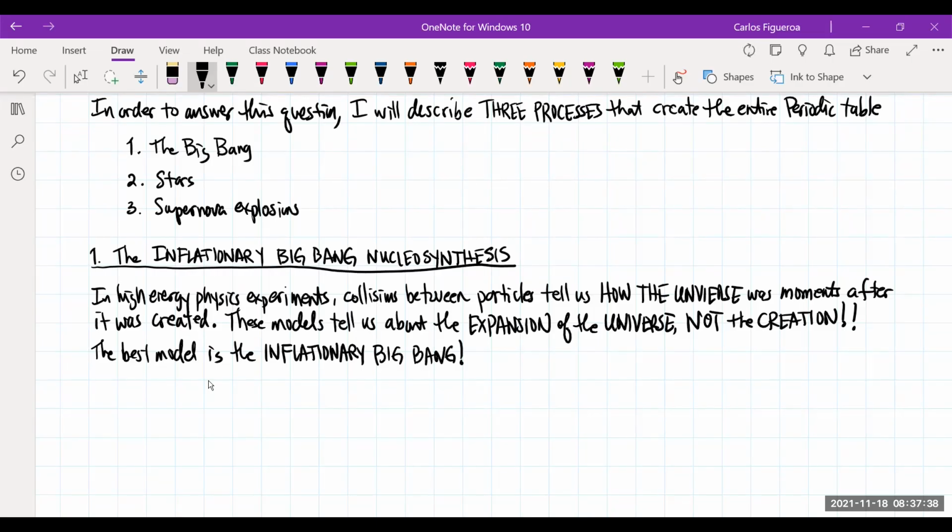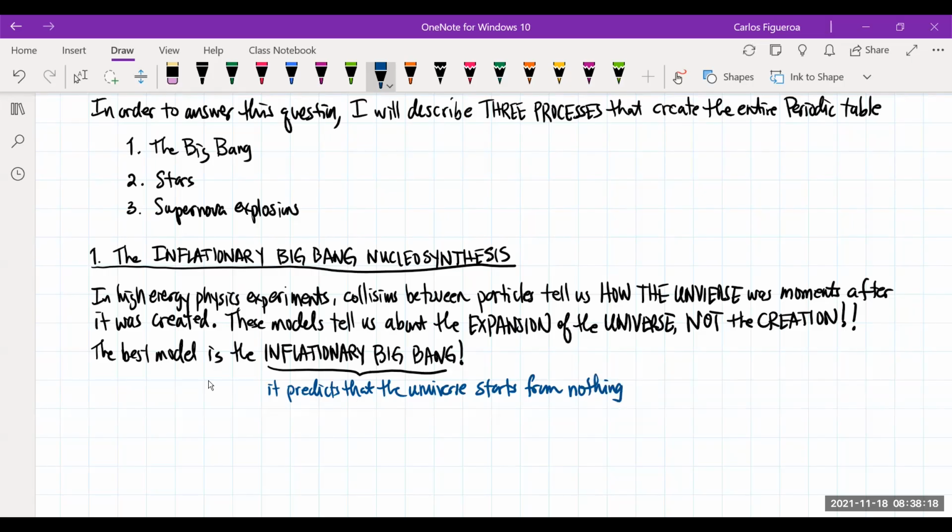In a nutshell, if I could say what this is, I'd probably say that the model predicts that the universe starts from nothing.